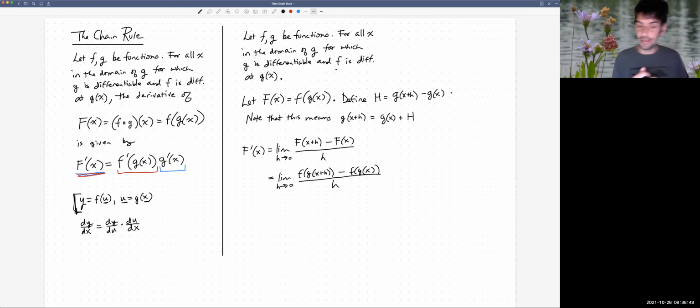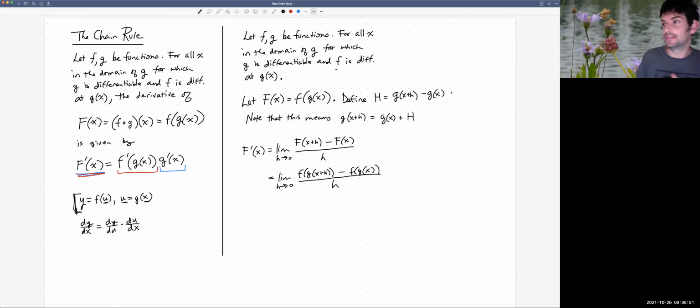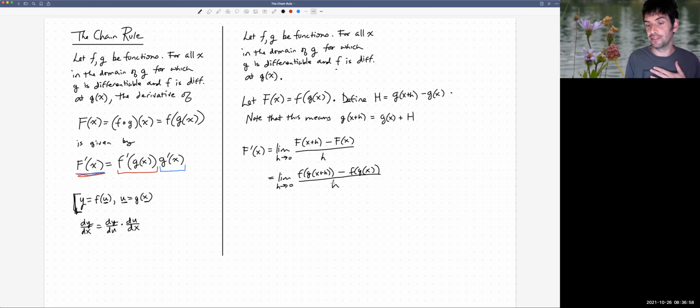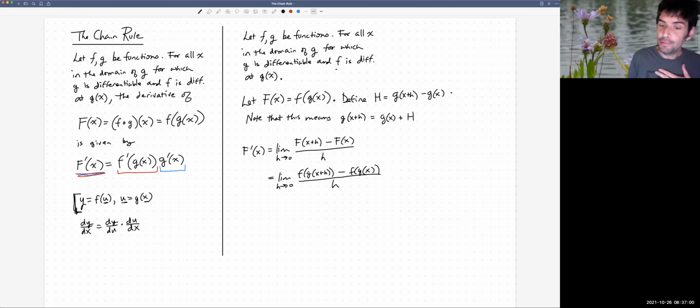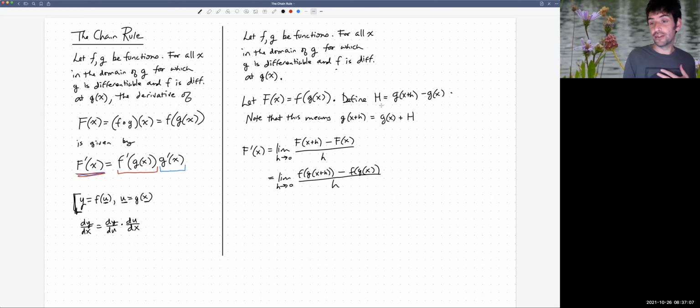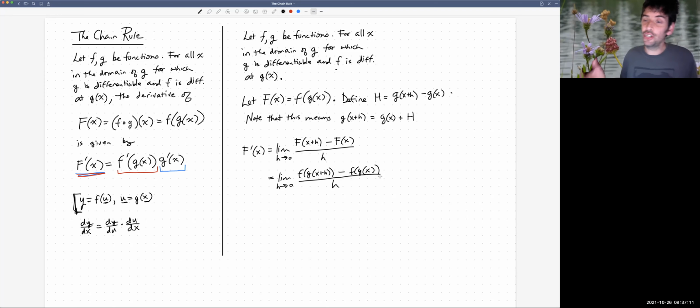So we need to do something to match the kinds of changes we're looking at. This is a change in the original input, h. The input to f is changing by some kind of change in g. That's where this capital H comes in. I want to look at the change of g.